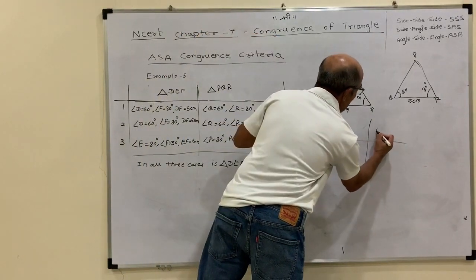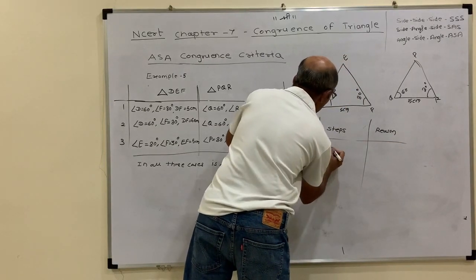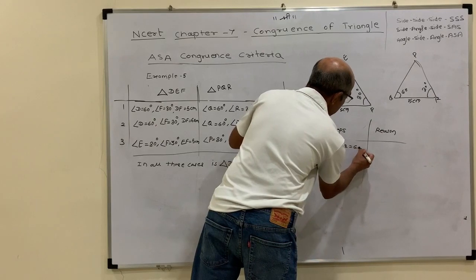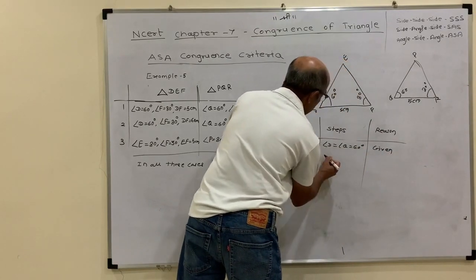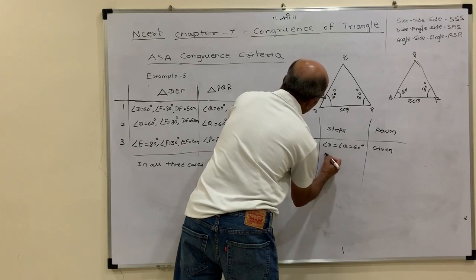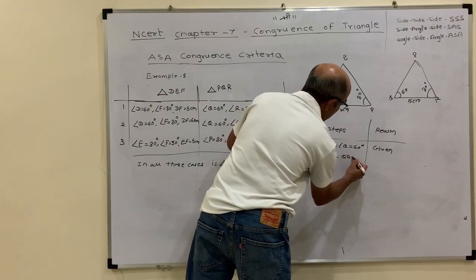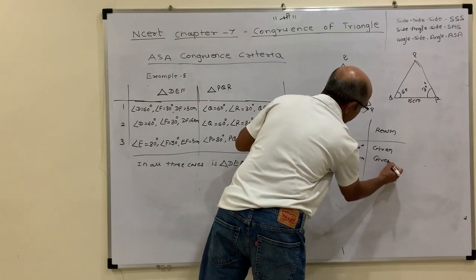The steps and reason. So one, angle D equal to angle Q equal to 60 degrees, which is given. Hence side DF equal to QR equal to 5 centimeter. This is again given.